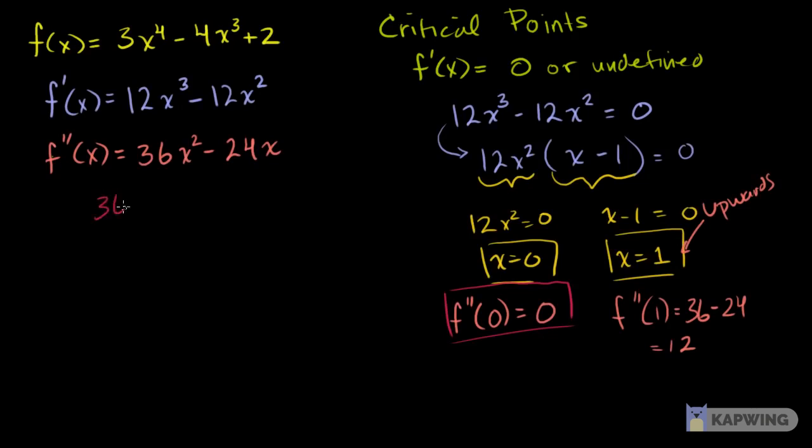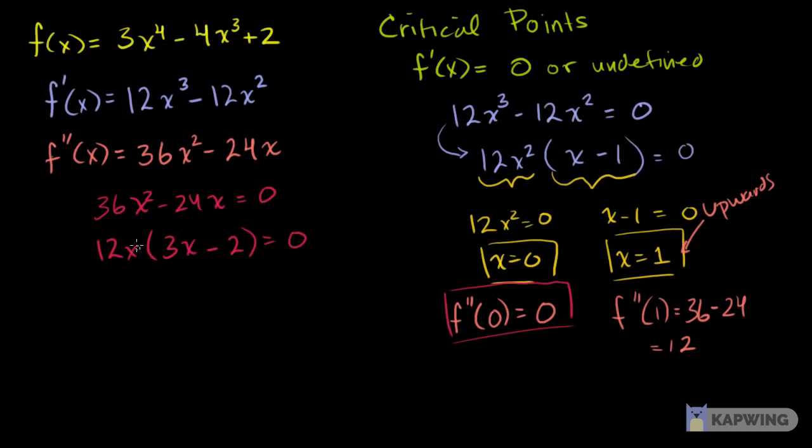So 36x squared minus 24x is equal to 0. Let's solve for x. We can factor out 12x: 12x times (3x minus 2) is equal to 0.